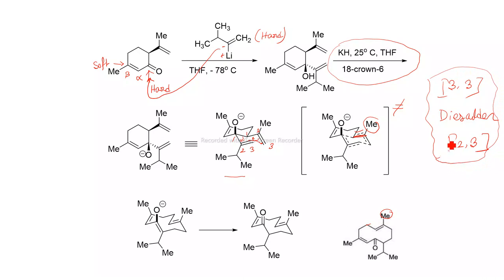Okay, and you have to find these relationships, I mean 1,2,3 and 1,2 in a Diels-Alder like this type of moiety. You have to find them in the whole molecule.